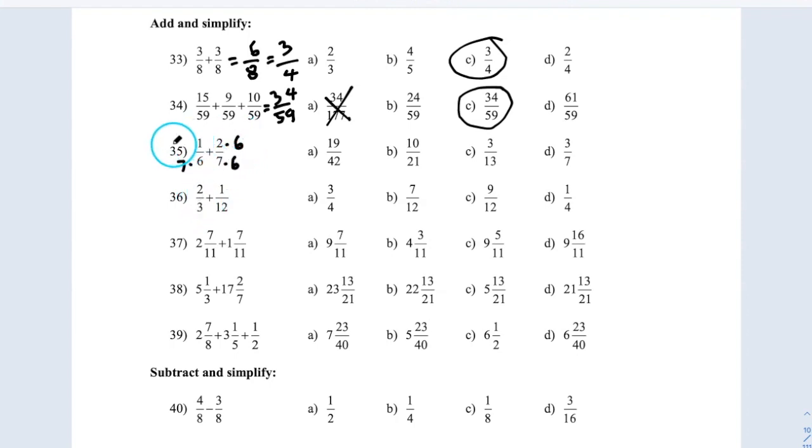Right? 6 and 6, and here's 7 and 7. 7 times 1 is 7. 7 times 6 is 42, plus 2 times 6. 7 times 6. Once I have the same denominator, I keep the denominator and I add or subtract, whatever sign you have here. 7 plus 12.